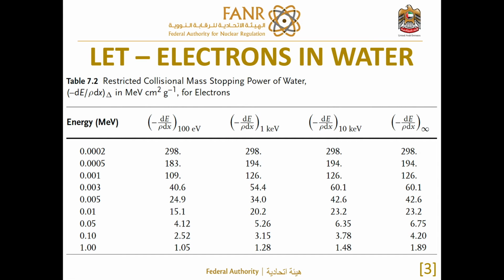Okay, this is counterintuitive. We would think that the deposition of energy will be higher for higher energy electrons, and indeed it's the opposite. Less deposition per unit path for higher energy electrons, higher deposition of energy per unit path for lower energy electrons.